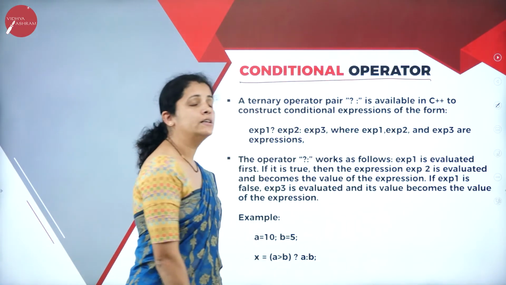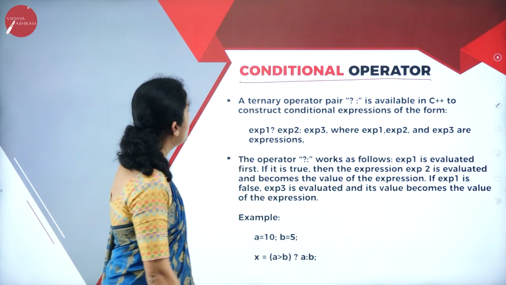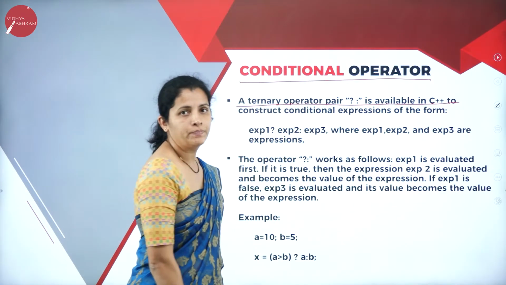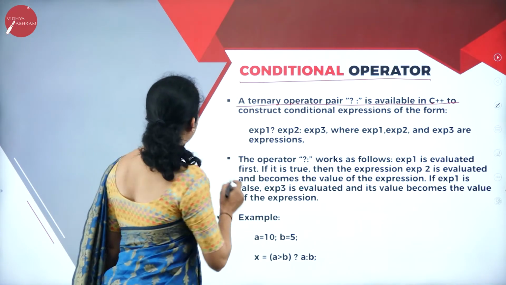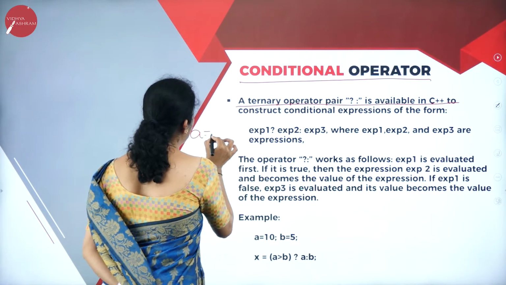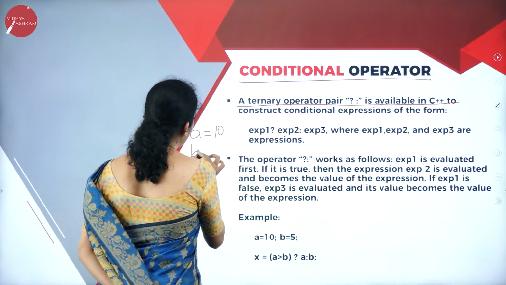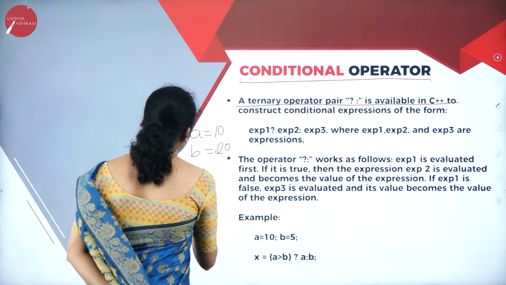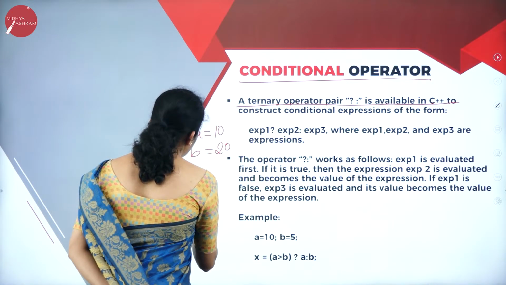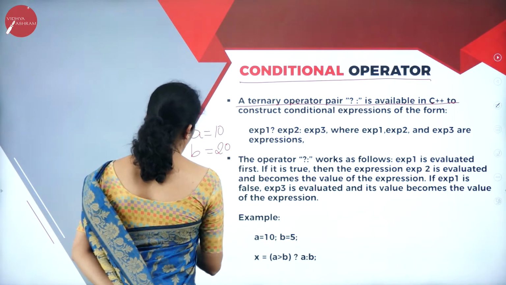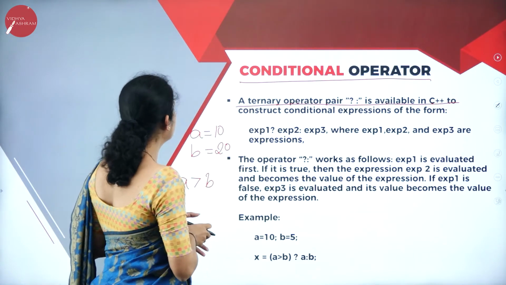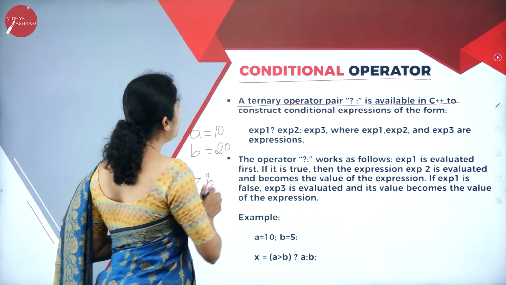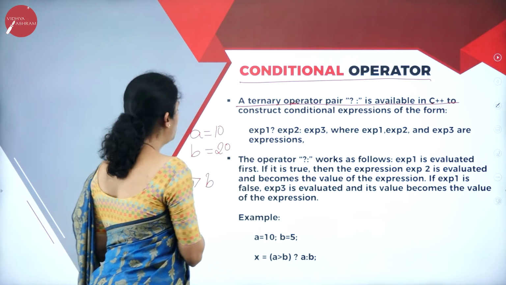Then I'm going to have the conditional operators. Here the conditional operators are also called the ternary operator. The simple example here is A equal to 10 and B equal to 20. Now I want to check whether A is greater than B. To represent these kinds of conditions, I'm going to use the operator called the ternary operator.